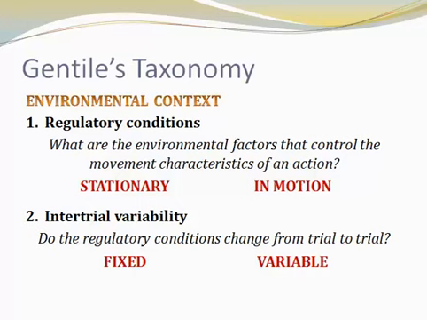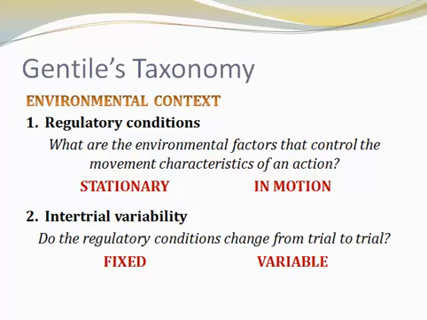Our second characteristic of the environmental context is intertrial variability. Here we're talking about the regulatory conditions of each successive attempt being either fixed or variable. So our basic question is, do the regulatory conditions change from trial to trial? In other words, do the environmental factors that control movement characteristics of an action change from trial to trial, or with each successive attempt to perform the action?